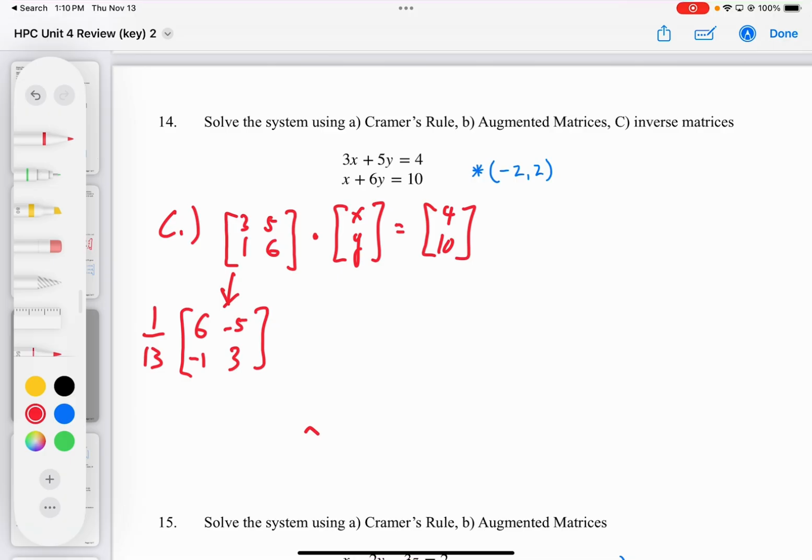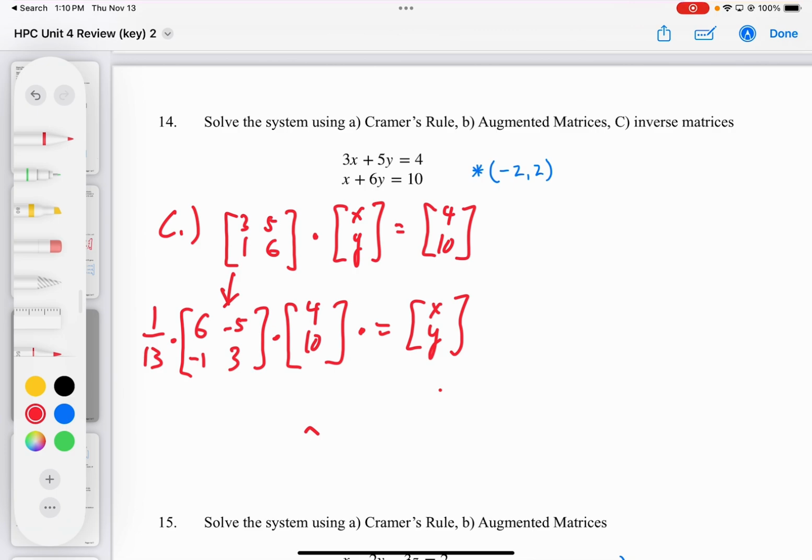Now, I need to multiply it by my constants, 4 and 10, okay? And Charlie mentioned this earlier, but I do need to make sure that I multiply on the left. Maybe it wasn't Charlie that mentioned that, but either way, I have to multiply on my left, so I'm going to put 4 and 10 right there, okay? So if I multiply these together, then my answer should be x, y, okay?